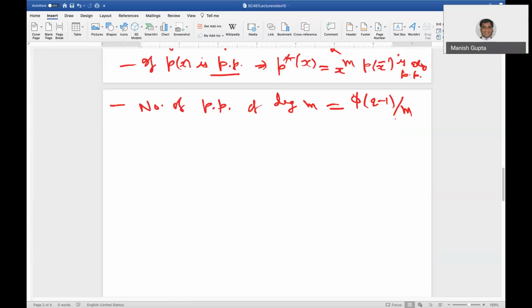So these are some very basic properties of finite fields. I have given some of them without proof, but if you want, you can read them in the book.